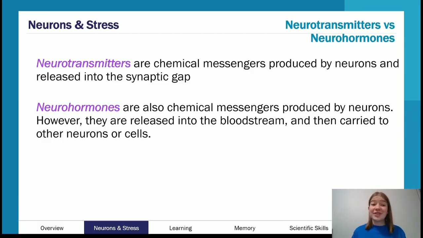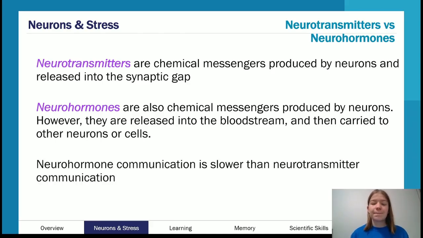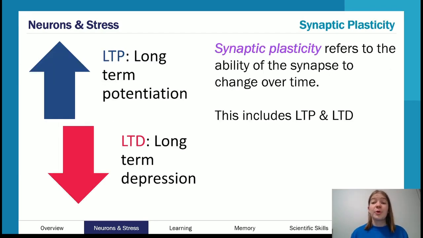Our neuromodulators are going to have effects on a group of synapses, so a bit less specifically focused on one. We know that in general neurohormones are going to be slower than neurotransmitter communication, the same as for neurotransmitter versus hormone communication, where hormones will be slower.